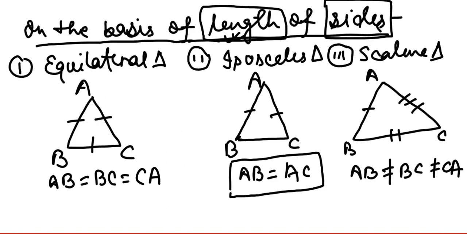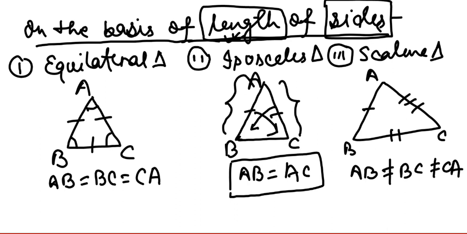Now students, coming to the properties, let's consider a few properties here. In equilateral triangle, all the angles are also equal. And in isosceles triangle, the angles opposite to the equal sides, that is, angle B opposite to side AC, and angle C opposite to side AB.